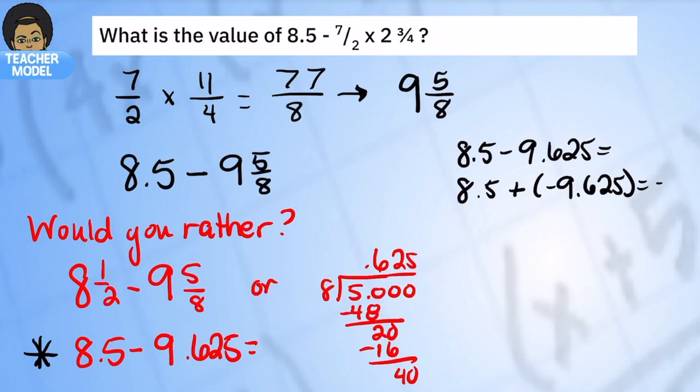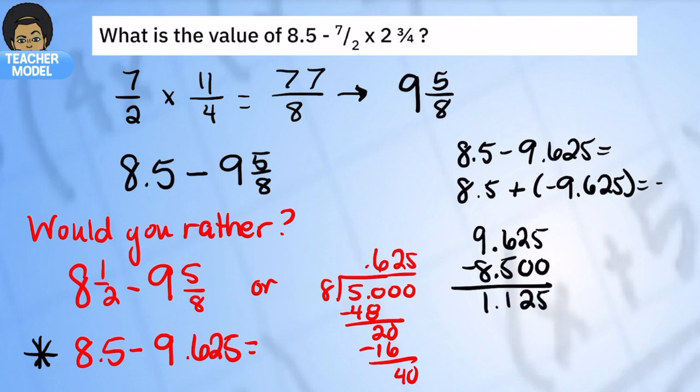But I know I'm going to subtract them. I'm going to stack just this way, and I stack my decimals. And look how much easier it is to subtract now. And I get 1 and 125 thousandths. So my final answer is negative 1 and 125 thousandths.